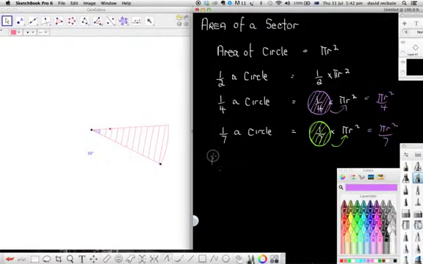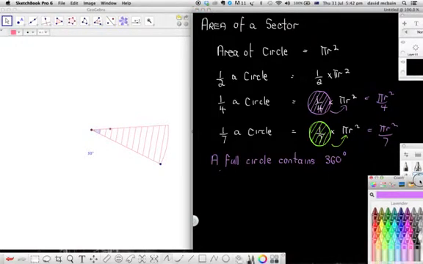So a full circle contains 360 degrees. And I'm sure you've known that from your past years' maths.